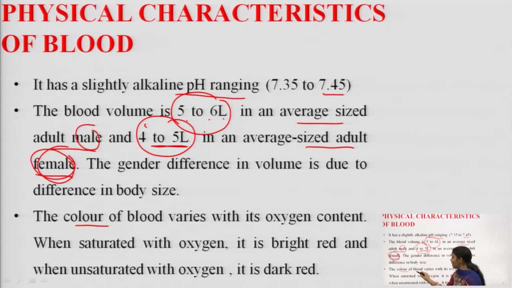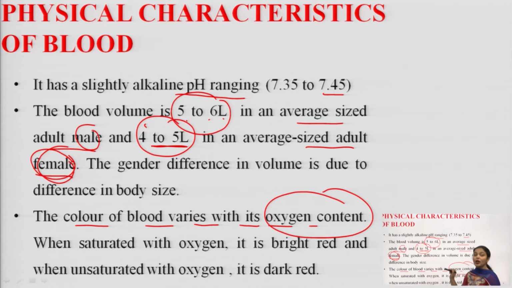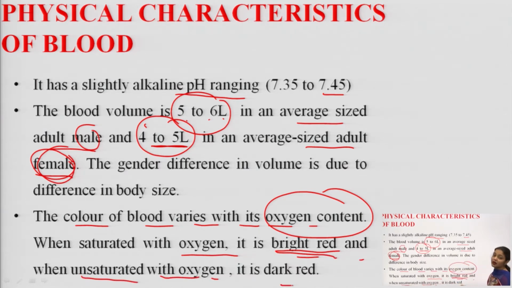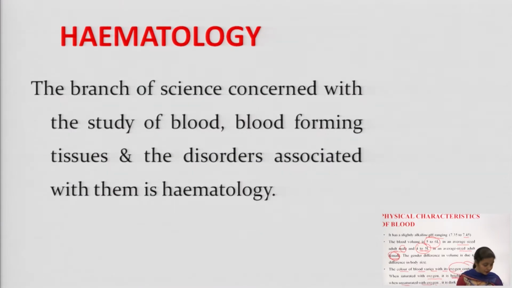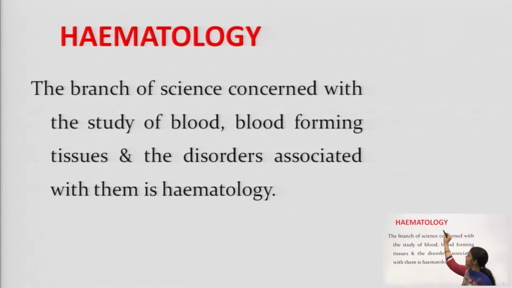Now, the color of the blood varies with its oxygen content. When the blood is saturated with oxygen, it is bright red in color, and when it is unsaturated with oxygen, it is dark red. Now what is hematology? Hem means blood and logy means study.